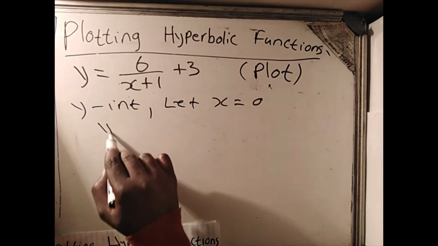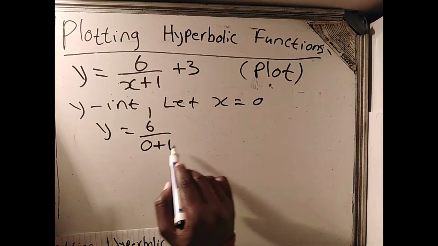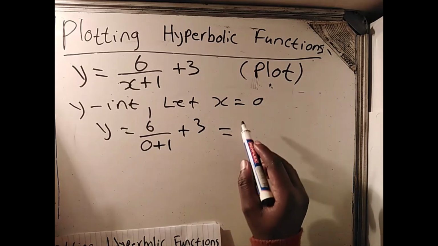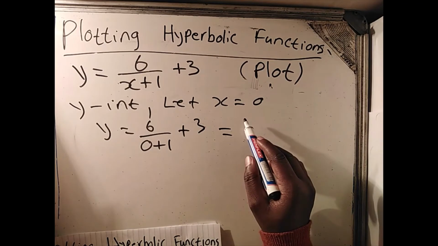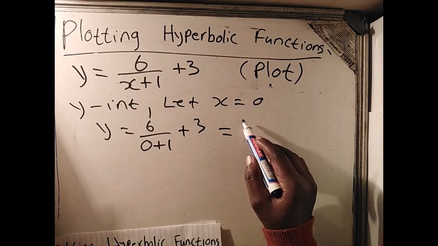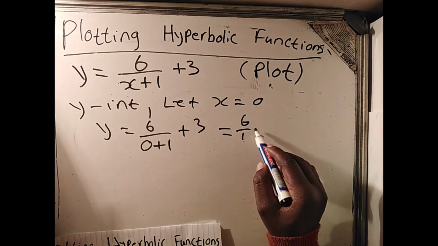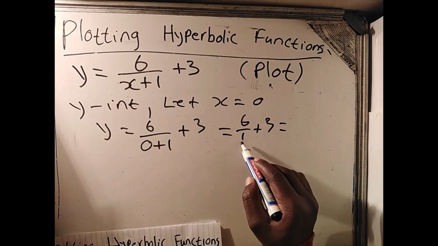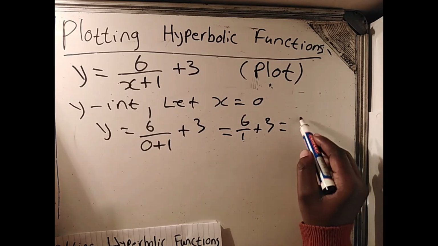So in this case, we've got y equal to 6 over 0 plus 1, plus 3, which is the same as 6 over 1 plus 3. 6 over 1 is 6, and then plus 3 is 9.